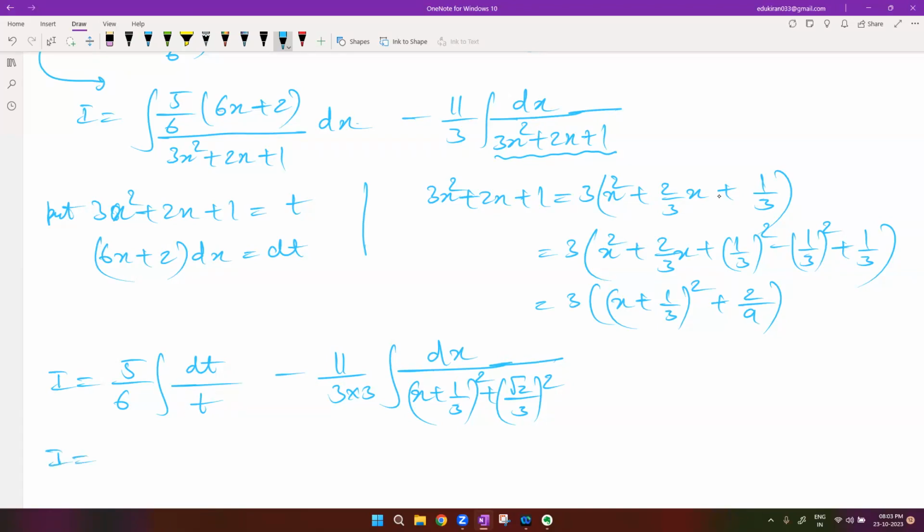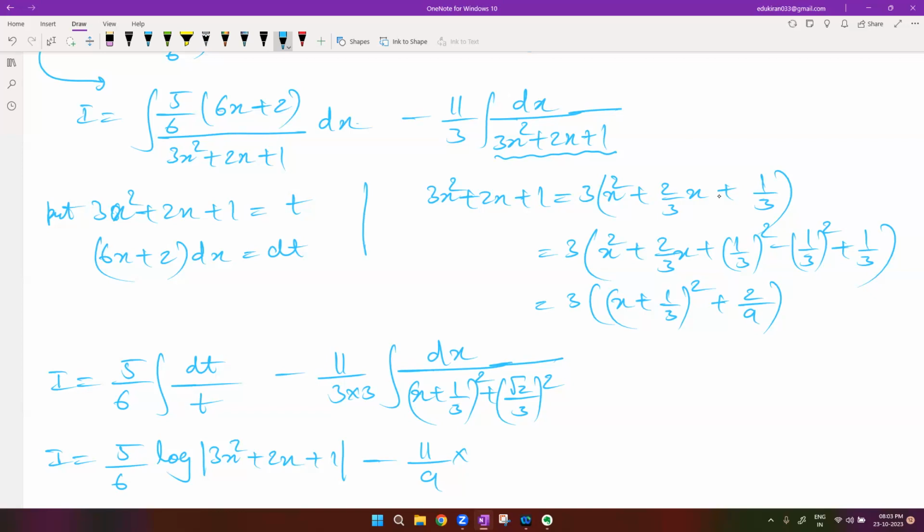So this is 5 by 6 log of t. You know what is t. Minus this is 11 by 9, and you can use your formula. This is x square plus a square. We know the answer for x square plus a square. Anyone?